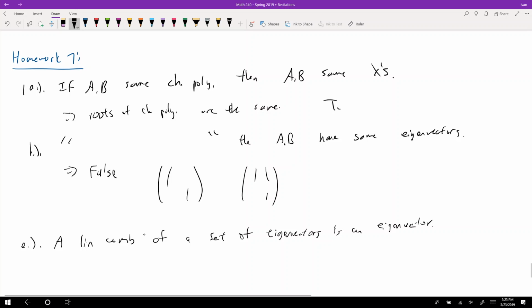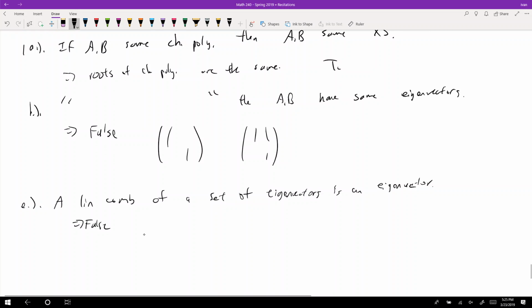I was thinking under the same eigenvalue. So you guys are right. This is false, because let's see if we can think of an example real quick. When it's false, you can always get a counterexample.